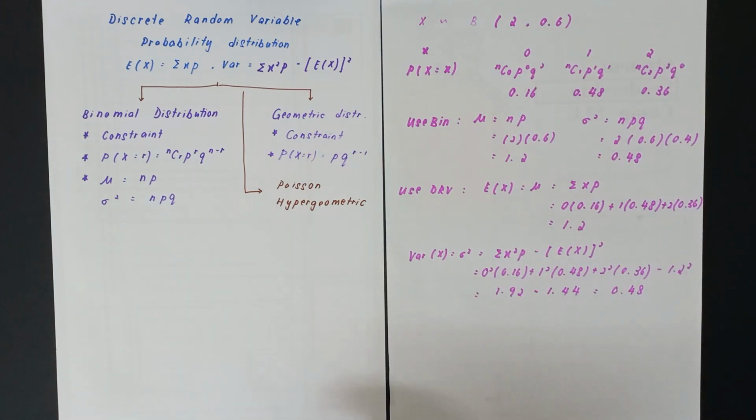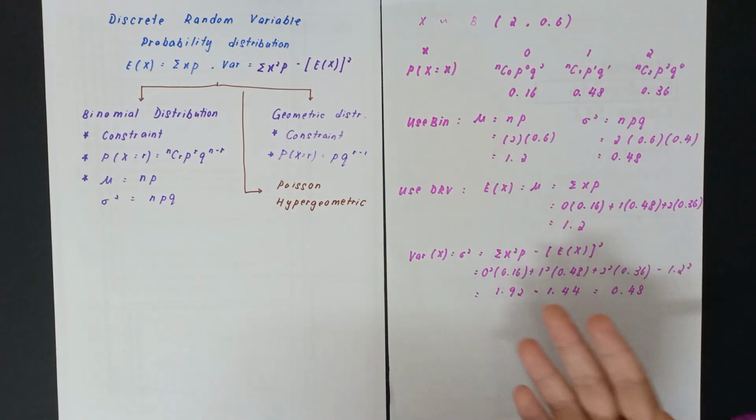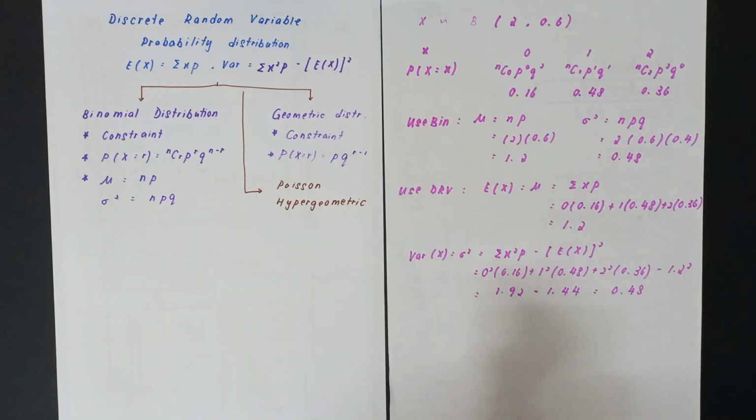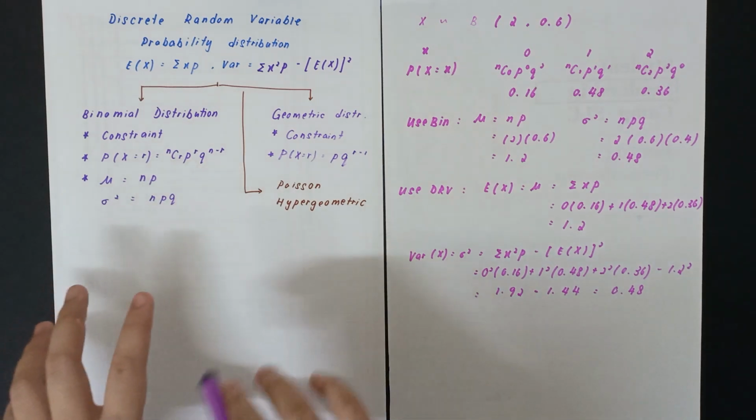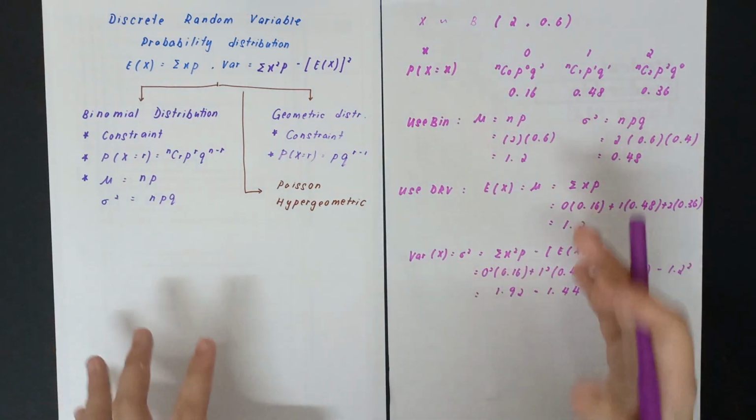But you cannot use binomial distribution because you do not have a constant P and you do not have a constant Q as well. So it is a discrete random variable, but it is not a binomial distribution.